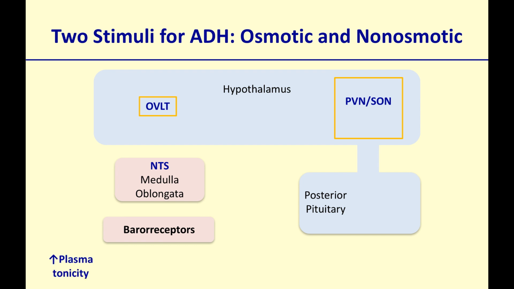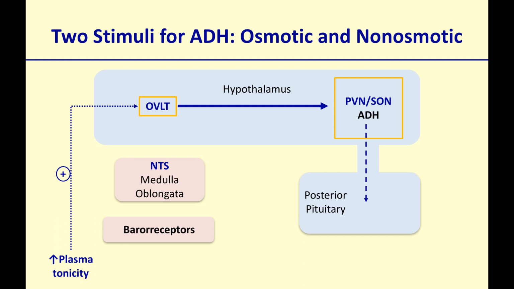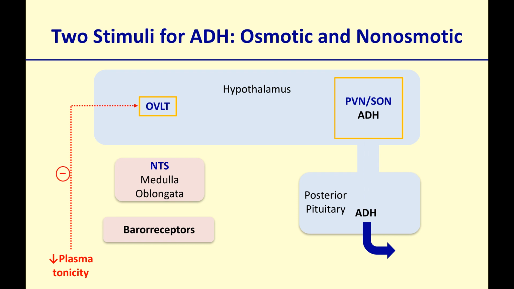So again, we said that the high plasma tonicity or osmolarity will stimulate OVLT, which will send a signal to increase the production of ADH in the paraventricular nucleus of supraoptic nuclei, and then the ADH will travel down to the pituitary stalk into the posterior pituitary where it will be released. A low plasma osmolarity or low plasma tonicity will do the opposite. It will inhibit OVLT, so they will cause no stimuli for ADH production or release into the circulation.